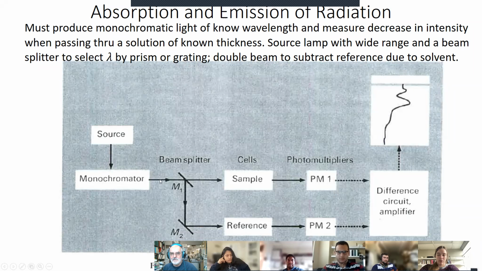Notice by the light being split, the initial intensity going in here is the same in both samples. And so taking the difference to generate the log of I0 over I makes sense. In a single beam instrument, you put the reference in, you take the spectra, and then you put the sample in, you take the spectra, but then you subtract it by computer.